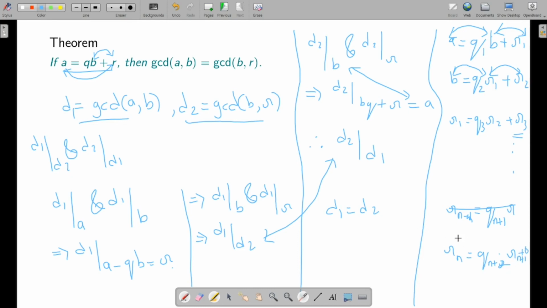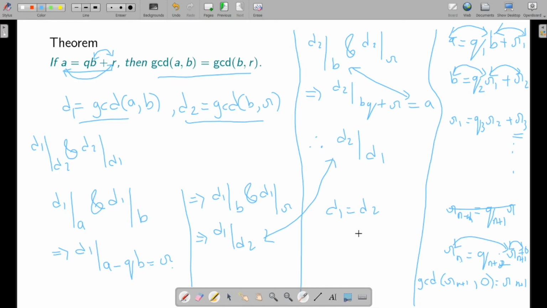So this tells us, by this theorem here, that the GCD of Rn and Rn plus 1 is the same as the GCD of Rn plus 1 and 0. But the GCD of Rn plus 1 and 0 is Rn plus 1, right?